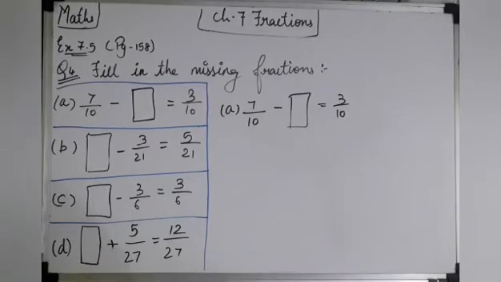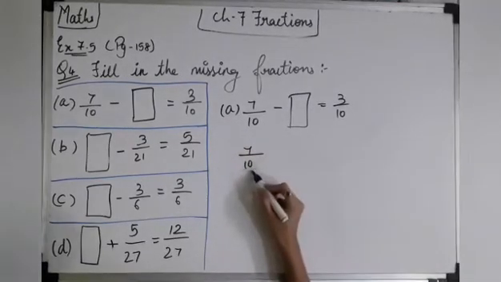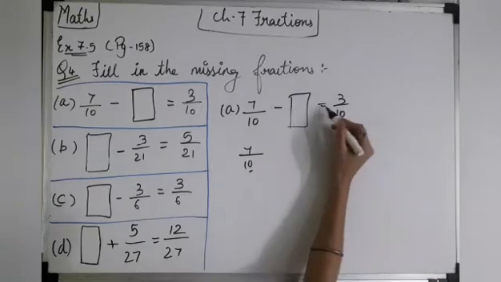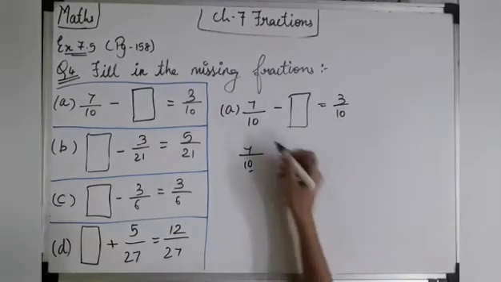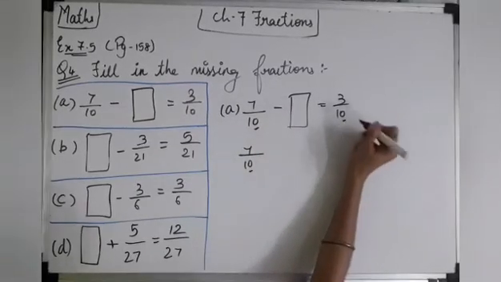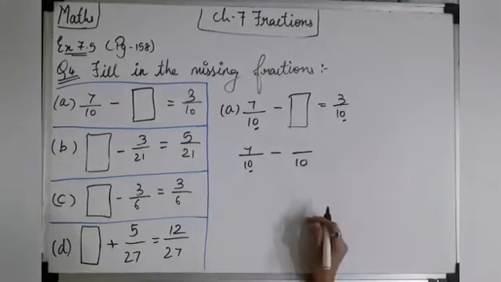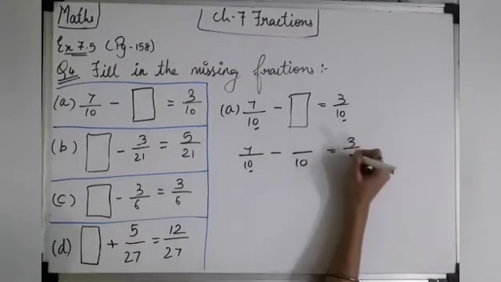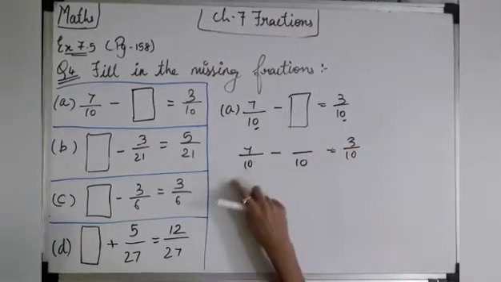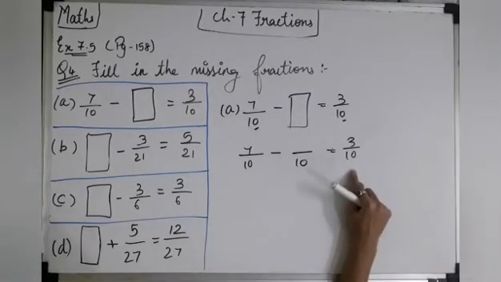Now, as you know, 7 upon 10 is the question, and after the equals sign it is the answer. In the question 10 is given and in the answer also 10 is given, which means here also it would be 10, because when denominators are same, then only we put it in the answer, right?